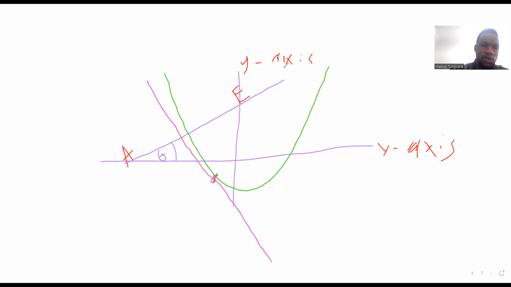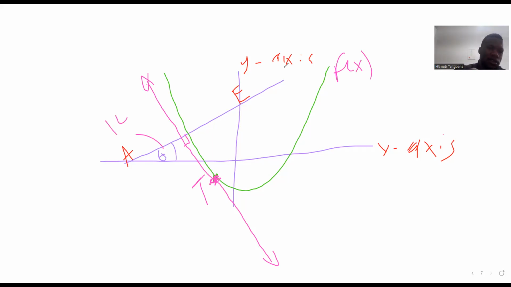And it's perpendicular, so it forms 90 degrees with line AE, right? So this is point T. Okay, so this is your tangent, perpendicular to line AE, and it touches the point T here, right? So this is f of x. And then they give you this angle, 14.04 degrees. So the first question asks you to determine the gradient of AE.